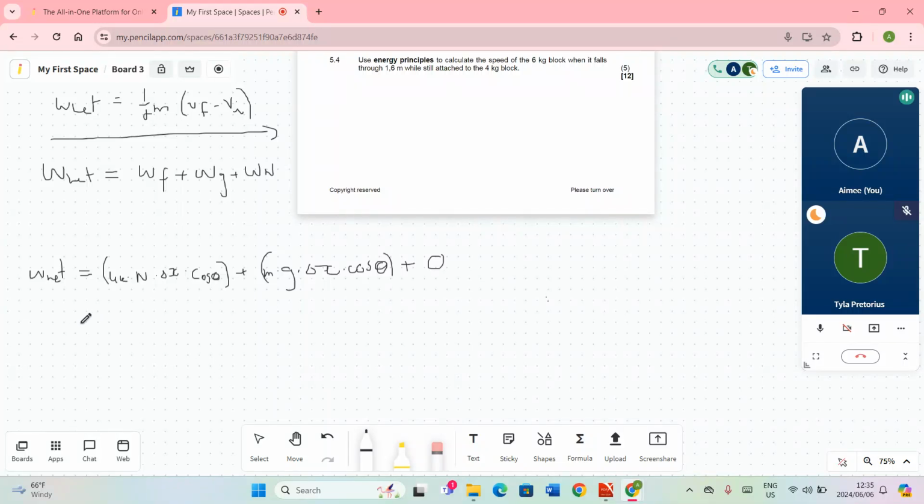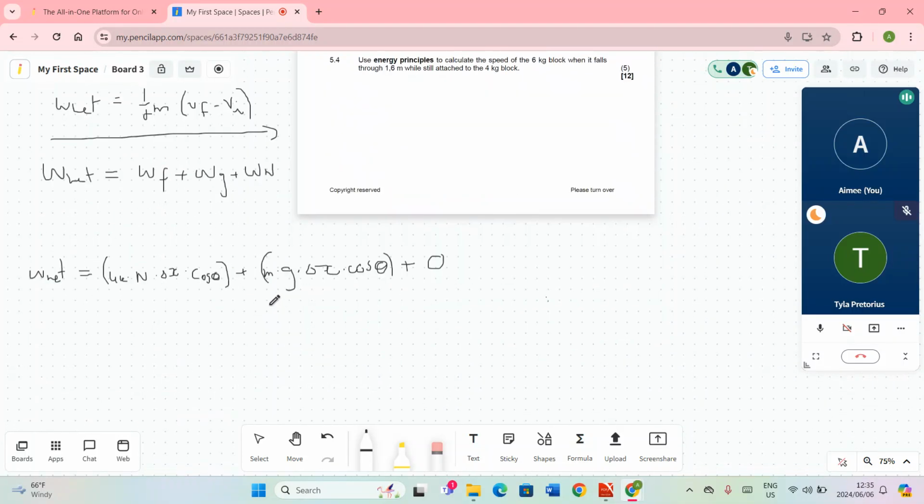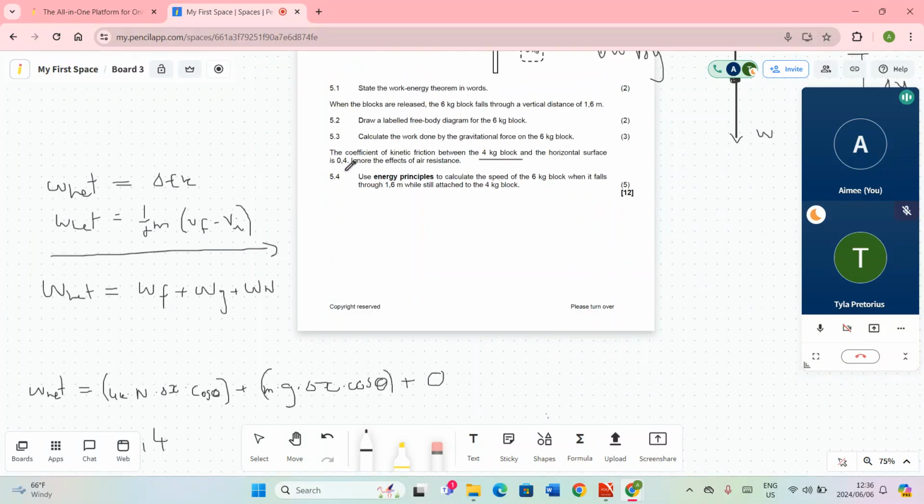So what do we say now? So now we substitute in. They already gave us the value for friction, which was 0.4. So we can say equals 0.4, which is our kinetic coefficient, right?